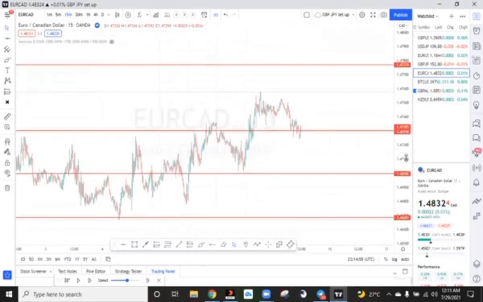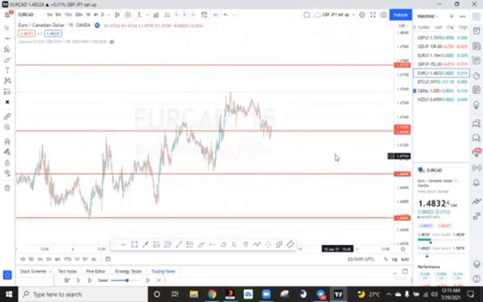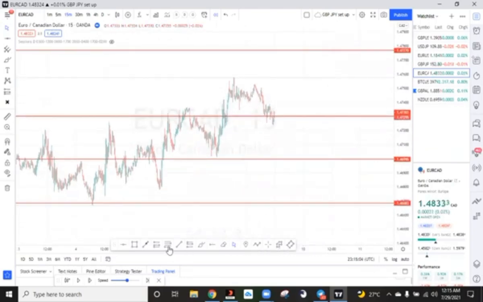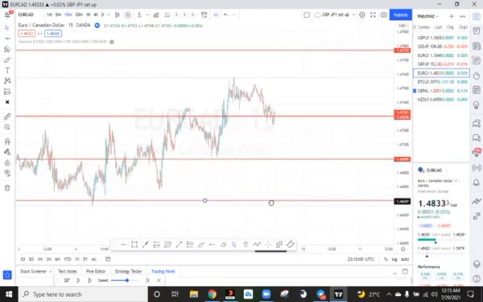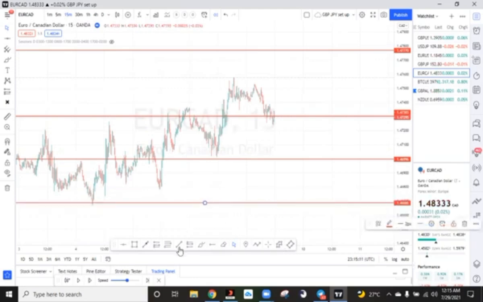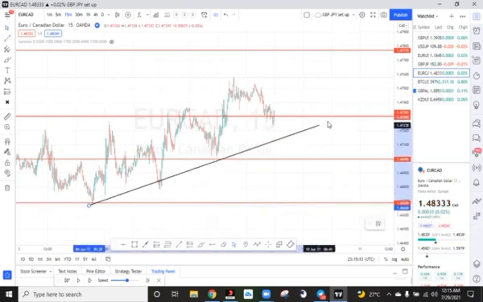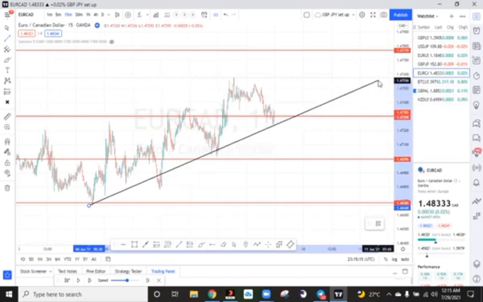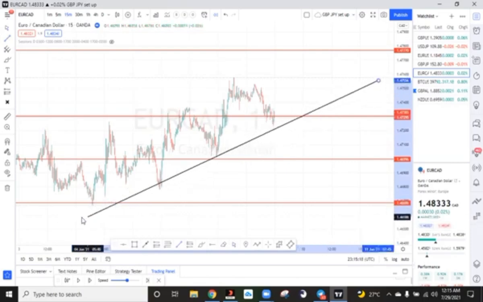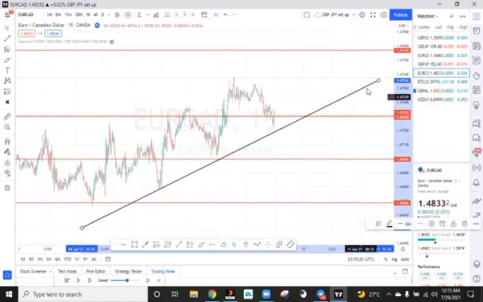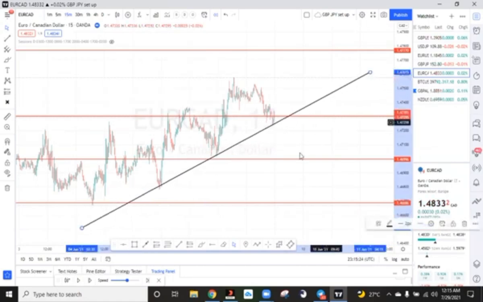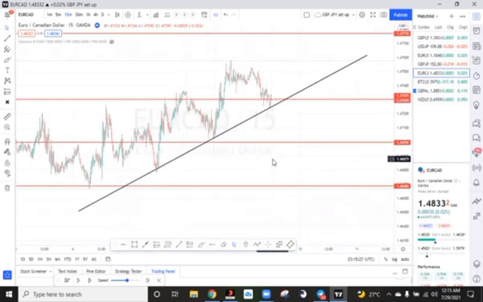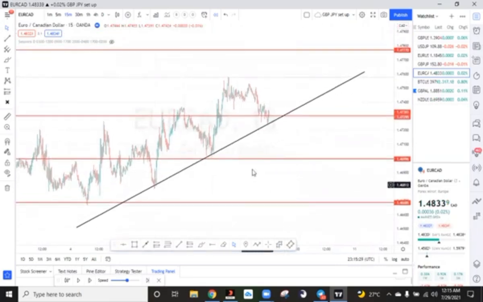Now, we'll bring out our channel, trend line. Bring out our key level.